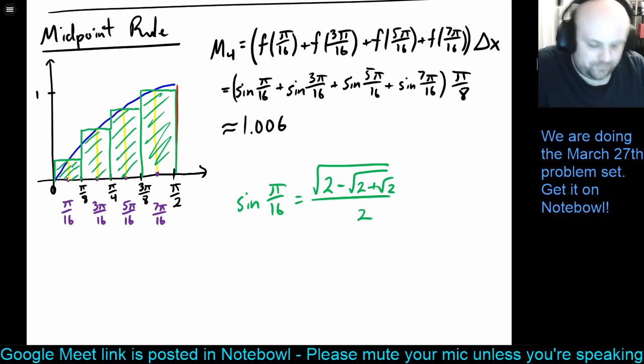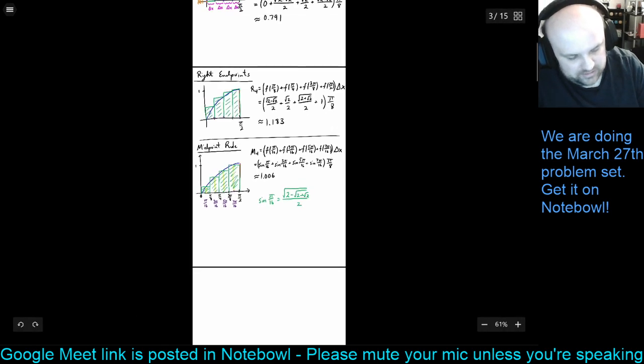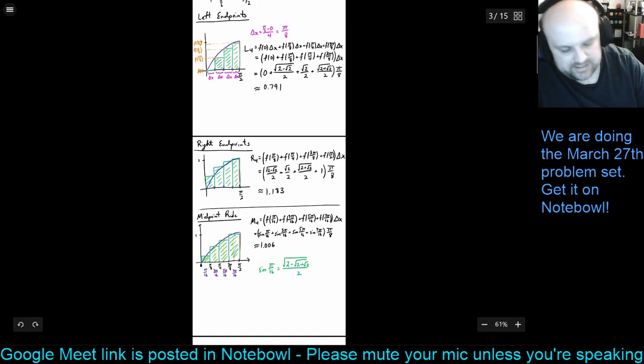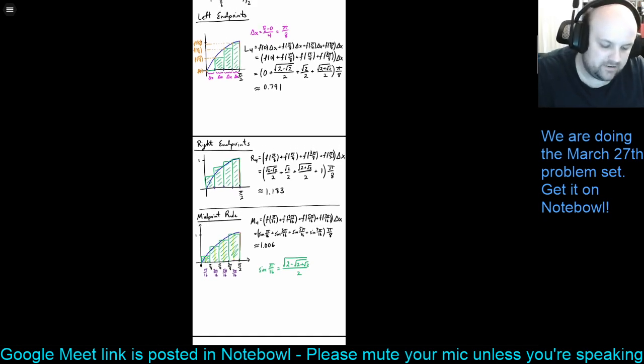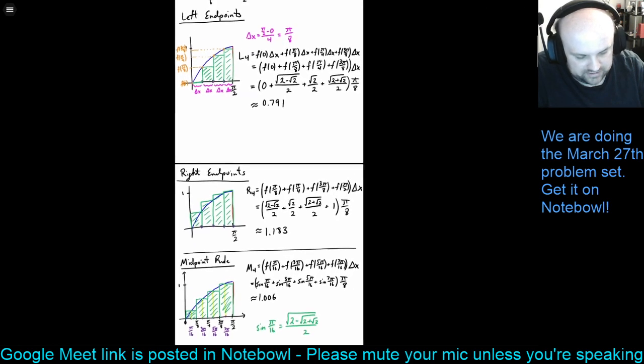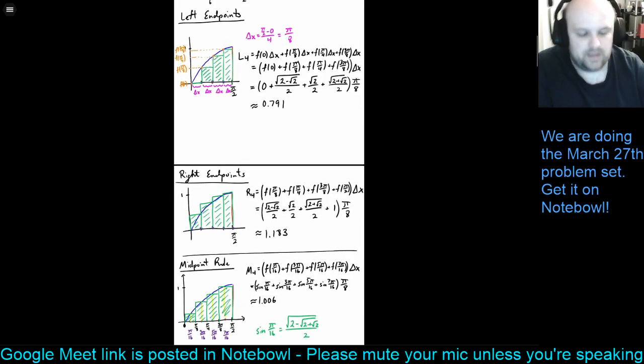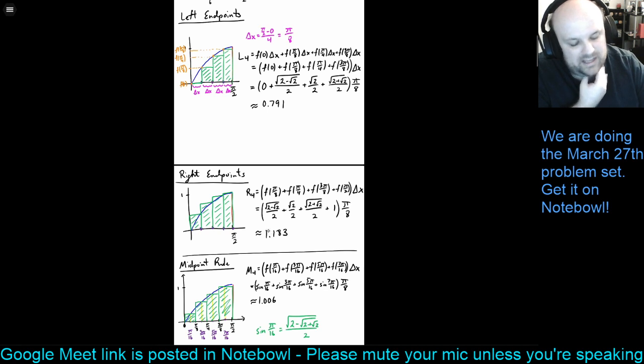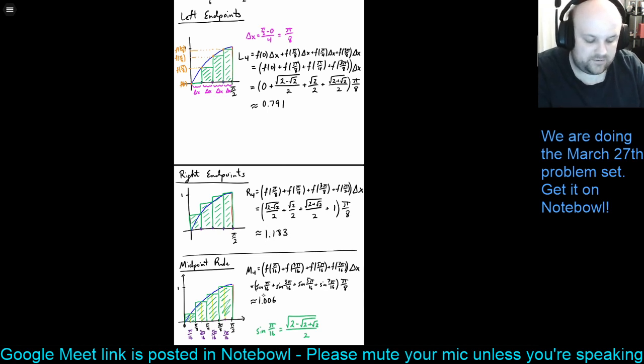So let's actually look at these three answers that we have. For the left endpoints, we have 0.791. For the right endpoints, we have 1.183. And for the midpoint, we have 1.006.